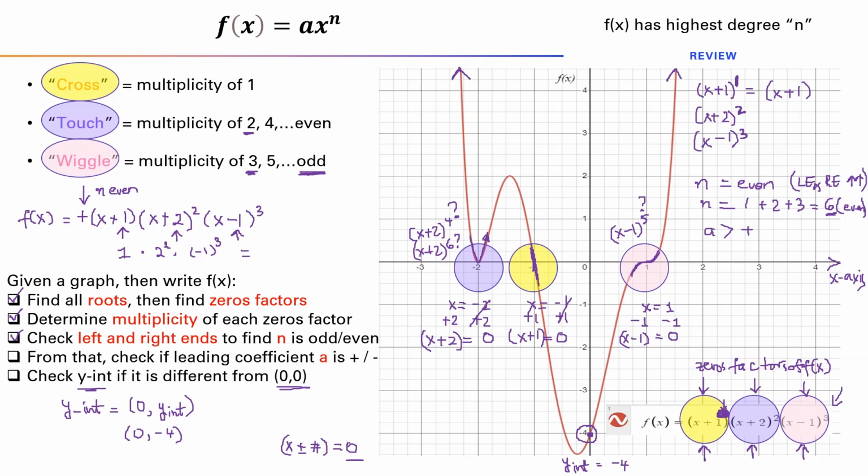So 2 squared is 4, times 1 is 4, -1 cubed is -1, times 4 is -4. So we see that the y-intercept equals -4. Now we can have our final answer: f of x equals x plus 1 times x plus 2 squared times x minus 1 cubed.